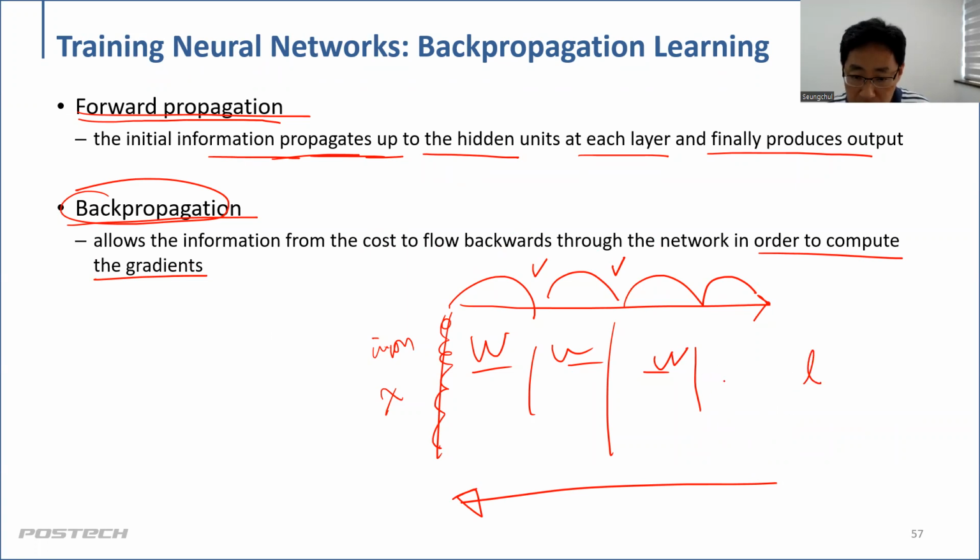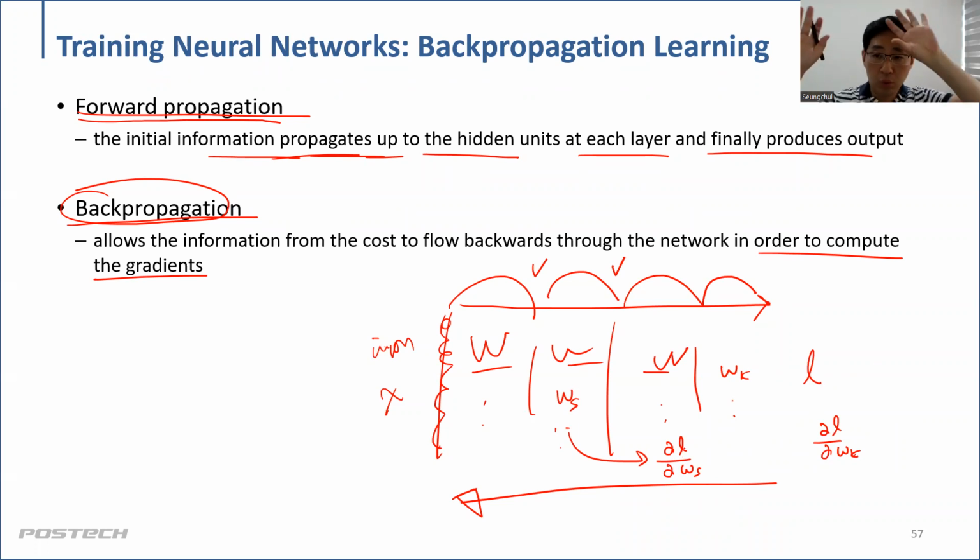Say we have some weights over there, say K, and over there weights like S. Then there are many, but over there we have to compute omega K, and for this guy we have to compute omega S. I mean, we have to compute all of them, but there are good reasons that we do the back propagation, related to dynamic programming.